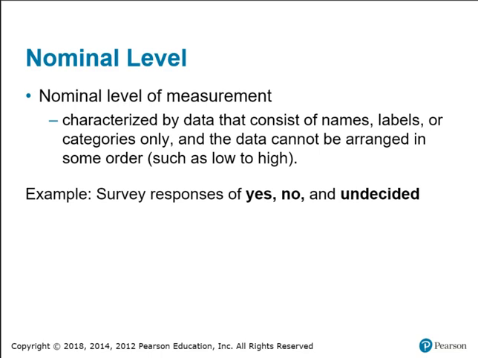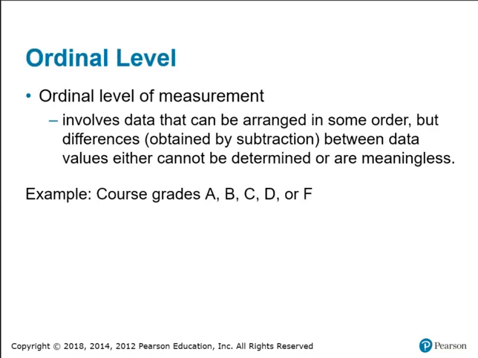So this would be a case where if you were to try to add them all together and then find the average, it is not going to make sense. All right? So the ordinal level, we talked about grades. And that's when we're talking about just a letter grade. There's no percentages attached to that.